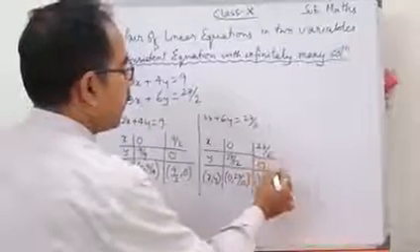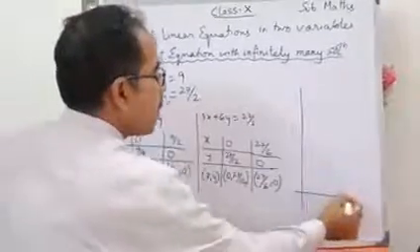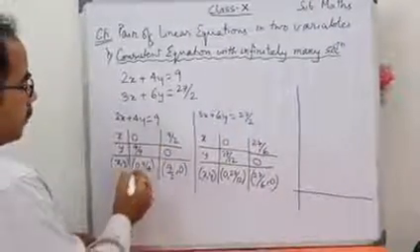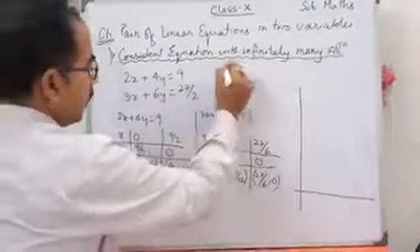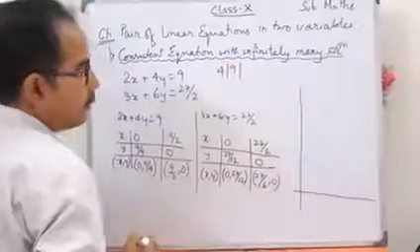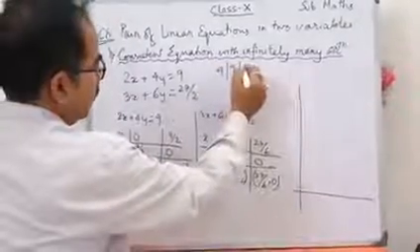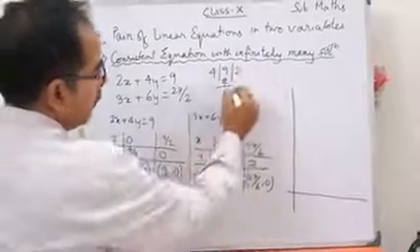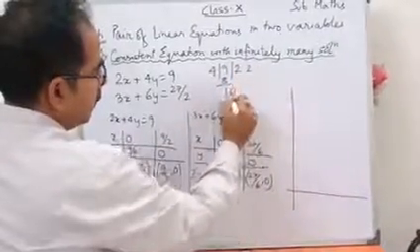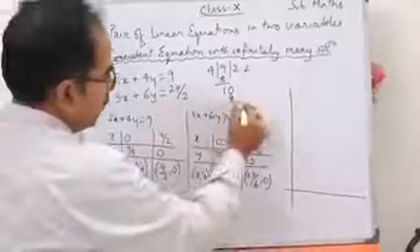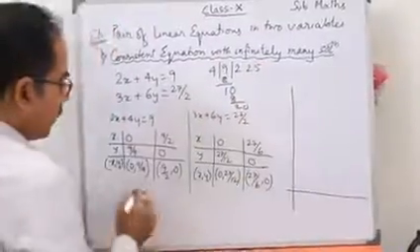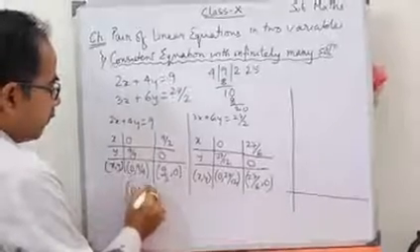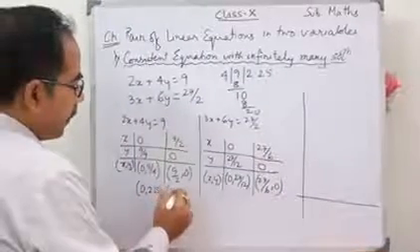Correct? Now if I plot, look here, 9 by 2 and here 9 by 4. So 9 by 4 means what? If I divide 9 by 4, it is 2.25, correct? So that means the point is 0, 2.25 and here 4.50.